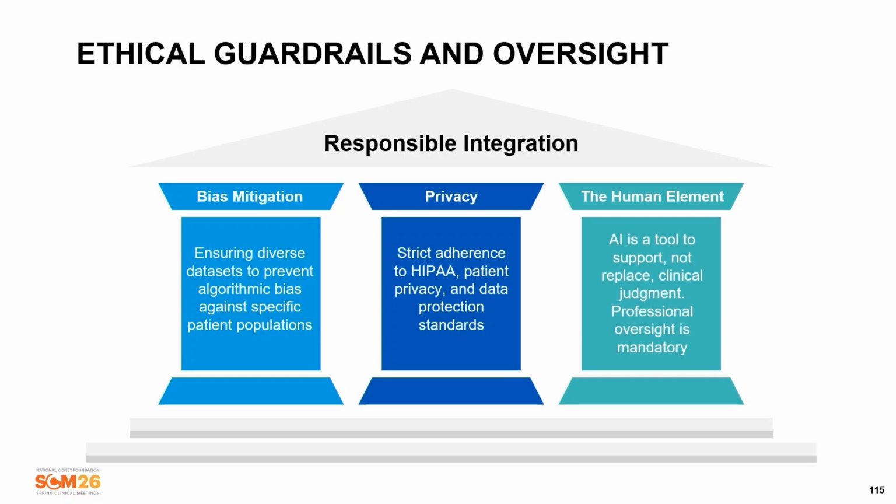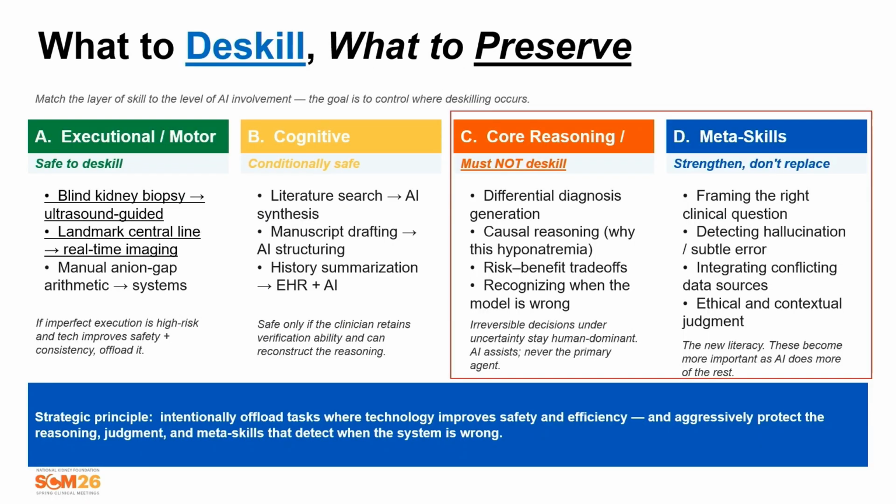And we see differences because patient populations are different. We need to think about patient privacy and make sure that we follow institutional policy. And we need to make sure that humans are in the loop. I want to say that we're going to de-skill somewhat, but we need to think about what is okay to de-skill and what are skills that we need to keep.